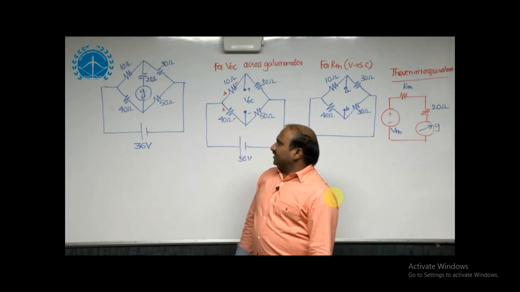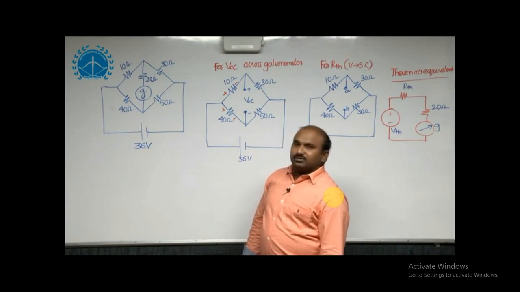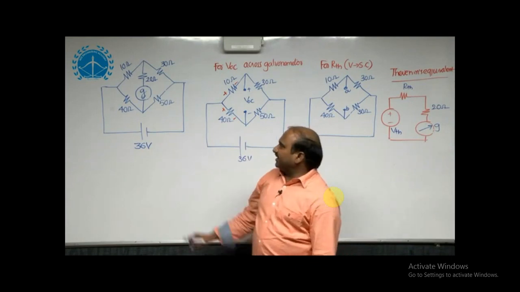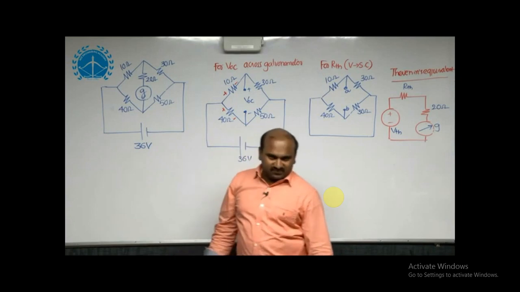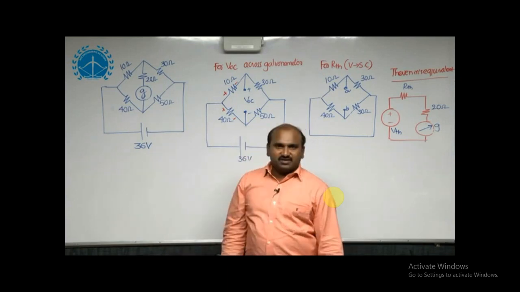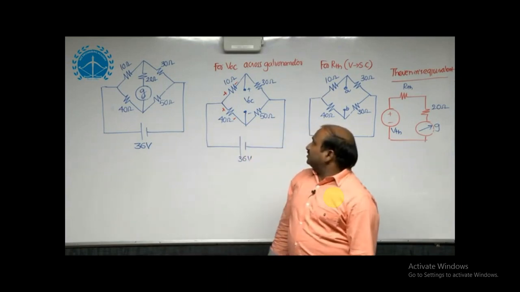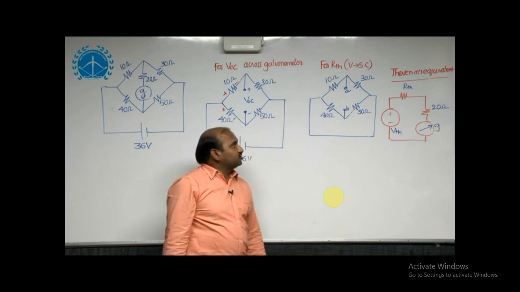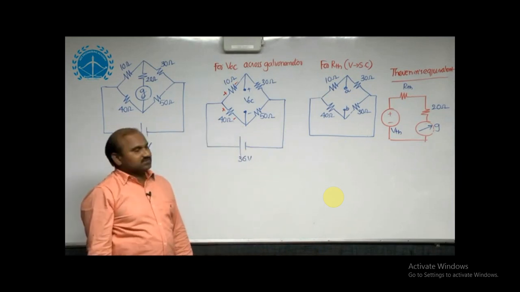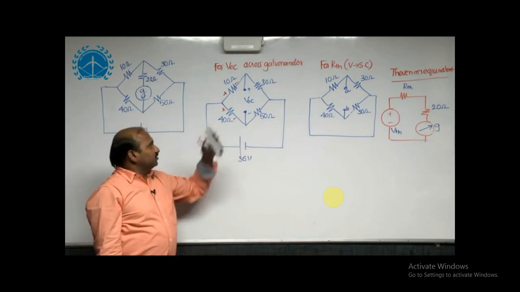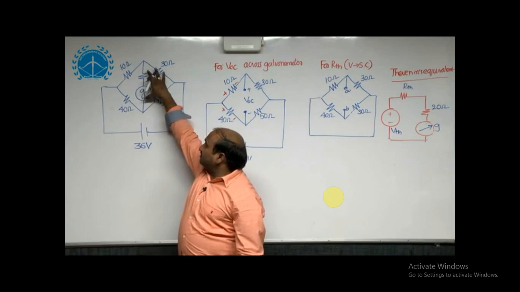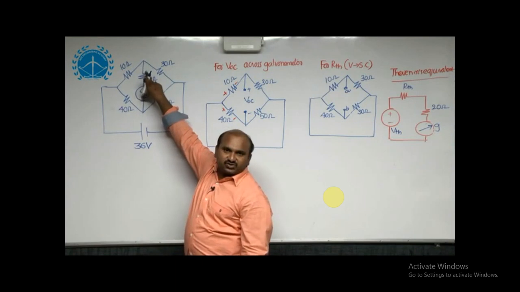For this bridge circuit, usually we estimate Thevenin's equivalent across the load circuit. The Thevenin's equivalent circuit is the open circuit voltage, and we need to estimate the Thevenin's equivalent resistance. We take the open circuit voltage across the galvanometer, which is having series resistance of 20 ohms.